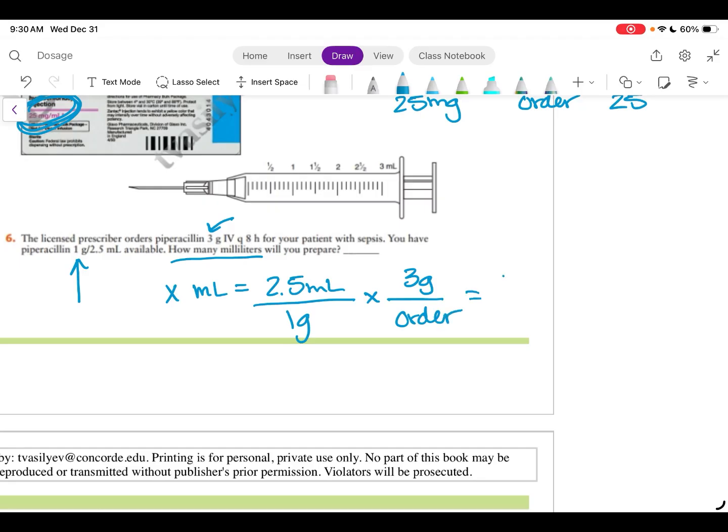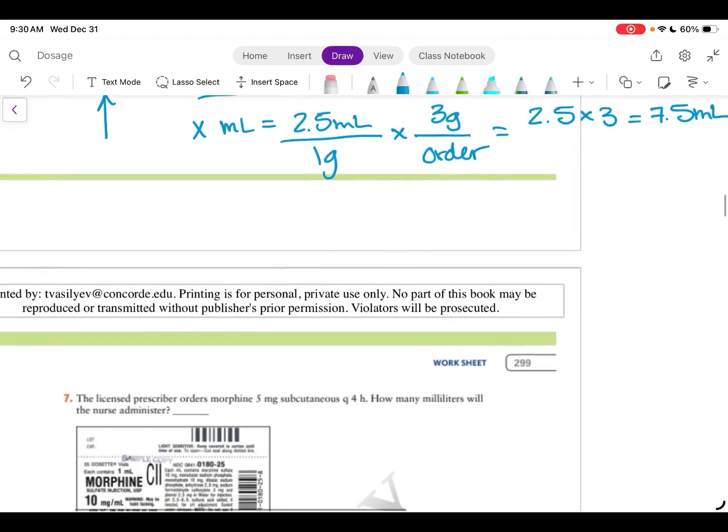So this is 2.5 times 3, which should give you 7.5 milliliters as your answer. All right. Let's keep going.